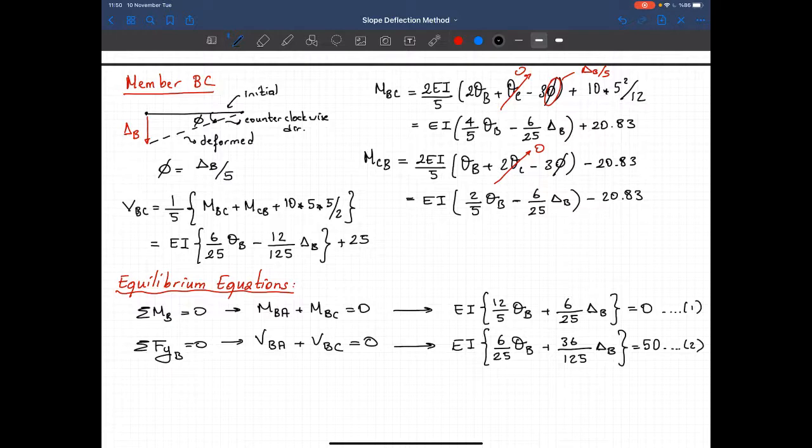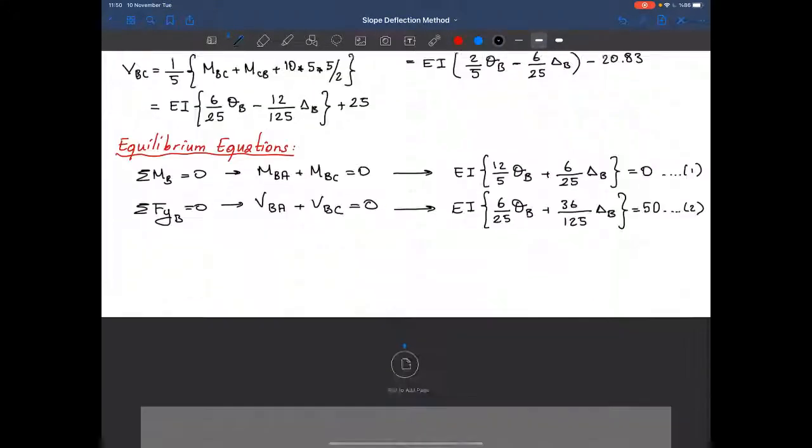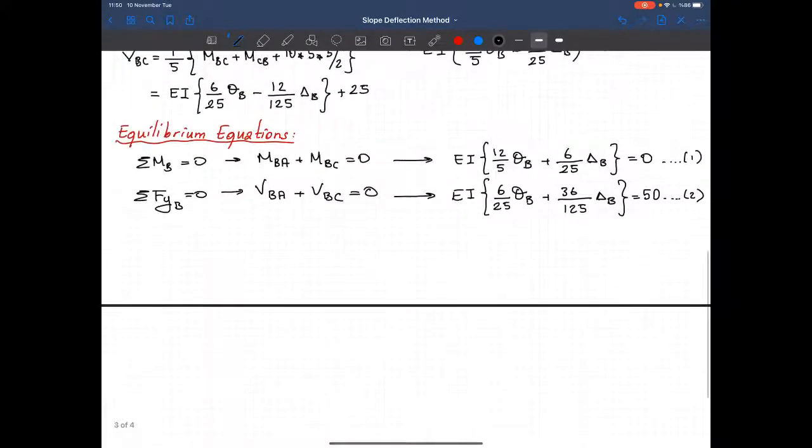Now I have two unknowns and two equations, and I can solve it. Let's do the solution. I'm just writing these two equations in matrix form.